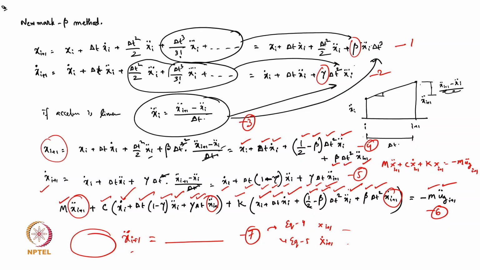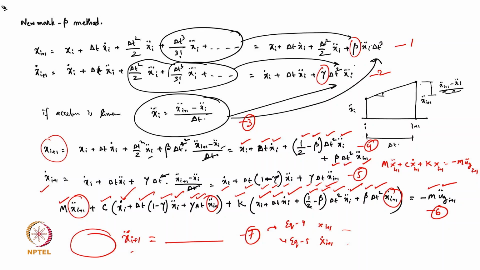Now here the interesting point is the assumption of the beta and gamma value. That is something tricky or interesting, because in the last case we have seen it was quite straightforward.